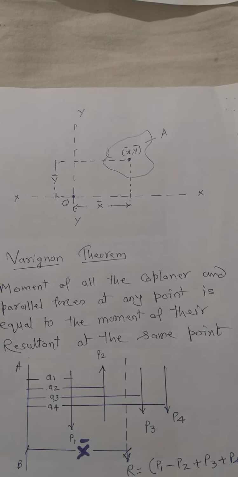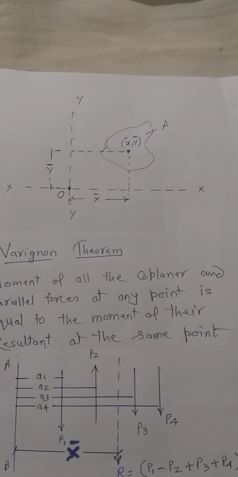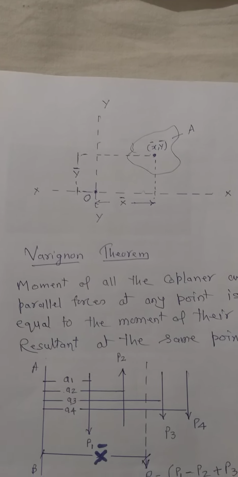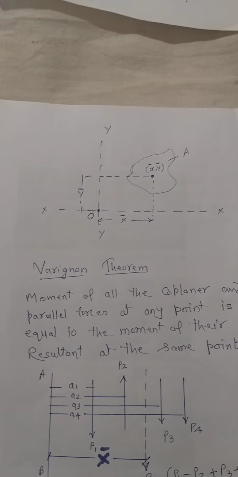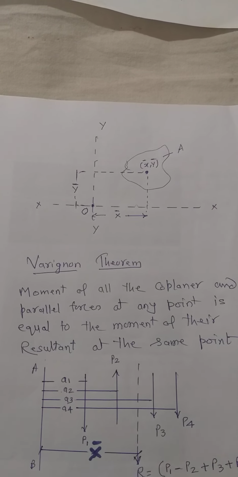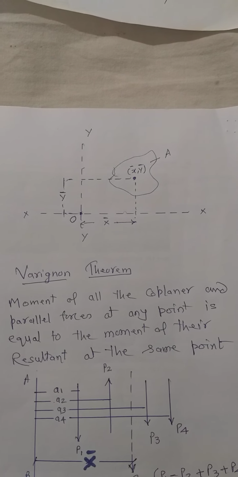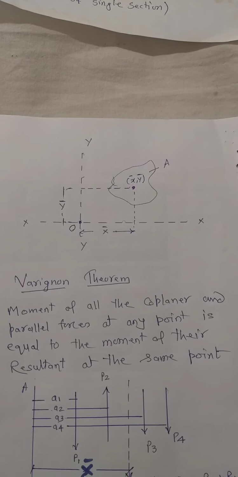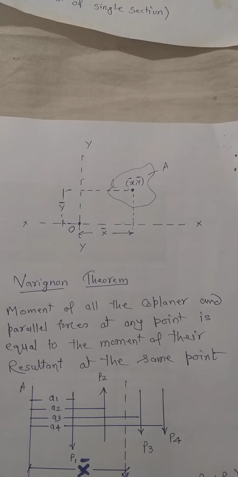I will repeat it once again. If we individually take the moments of each and every force that is coplanar and parallel, at any distance, at any point or any line, then the moment of the resultant of all the forces, taken in the same line or same point, must be equal.